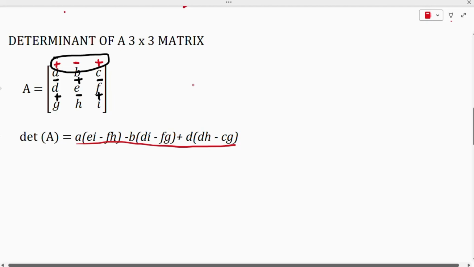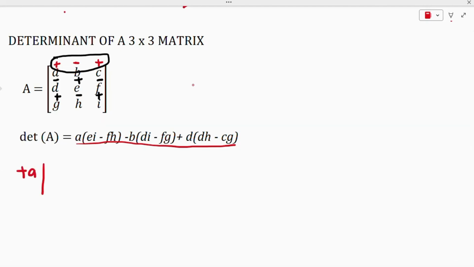Alright, so the first element right here is carrying a positive sign, so we bring out plus A. For the first element A, this implies that the first row and the first column are out.